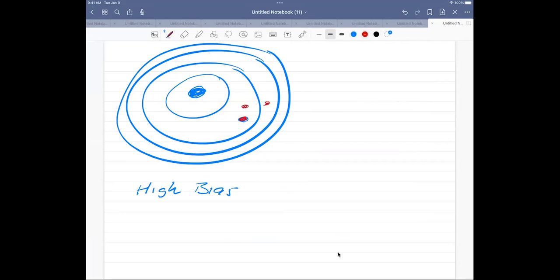Suppose your data points are here, something like that. This will mean that you have a high bias, because if you take the mean value of your data points, they are far away from the ideal value. So you have a bias in your model. Does that sound reasonable? This is typically what you mean by a high bias.